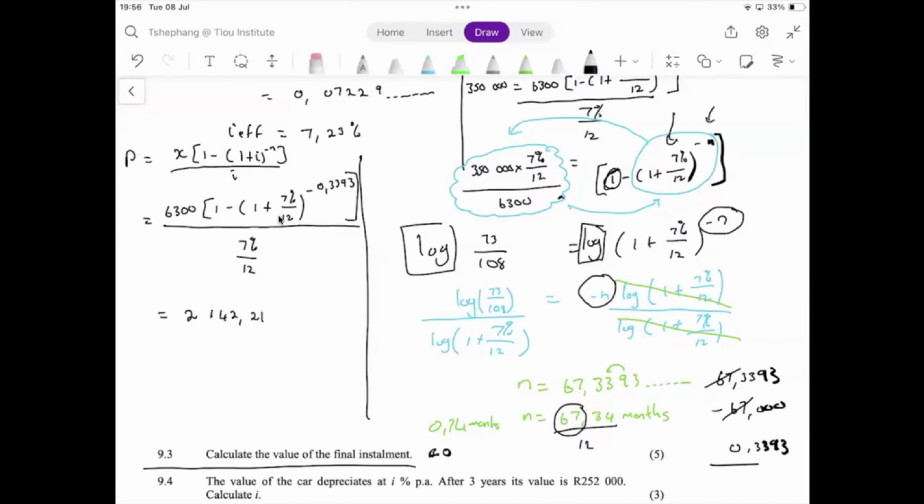And this is what is left. This is the outstanding term. So I didn't use 0.34 because I wanted it to be more accurate. That is why I used 4 decimal places. I only round off my final answer to 2 decimal places. Anything else, I usually use 5 or 6 decimal places so that I have a very accurate answer.